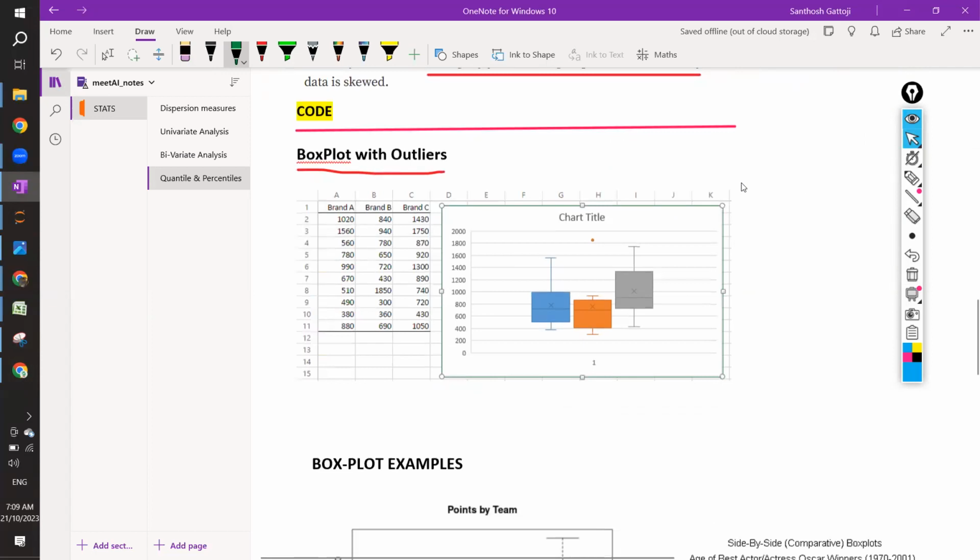So this is just one more example, guys. If you see here, we have these charts, right? I'll try to give you an overview of this. Here we have one column brand A, brand B, and brand C. Fine, three columns. So for A, this is a graph.